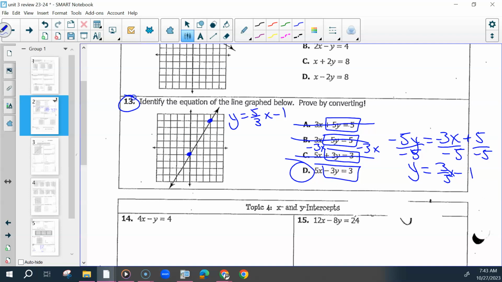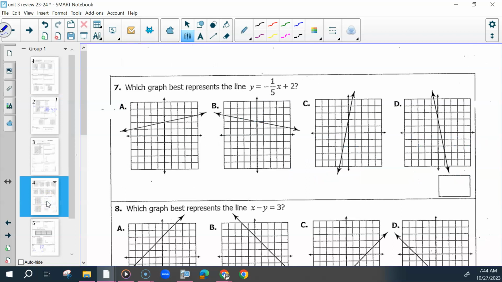That way you can easily graph those. And then more graphing ones on the back of the next page. Really, all of these are graphing questions. Do we have any questions 7 through 10?